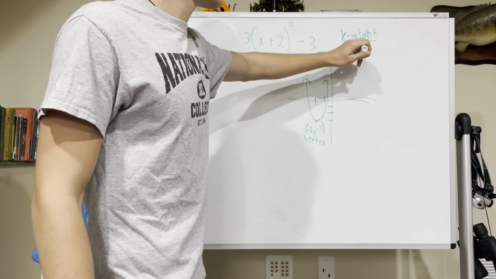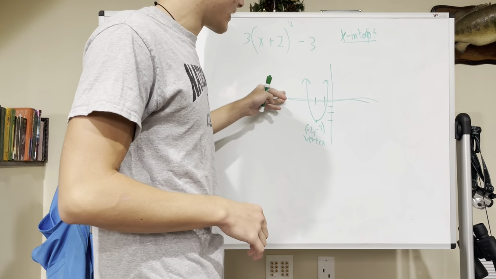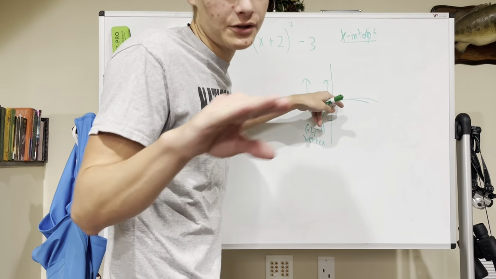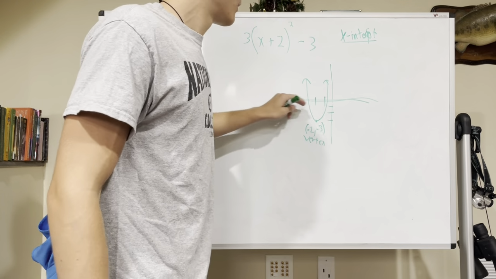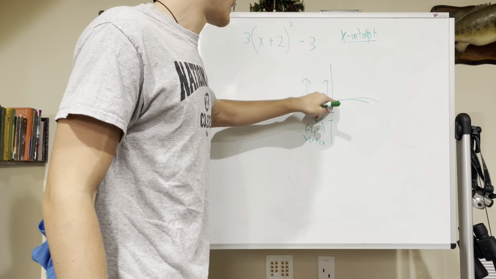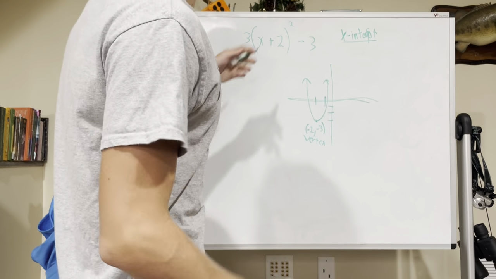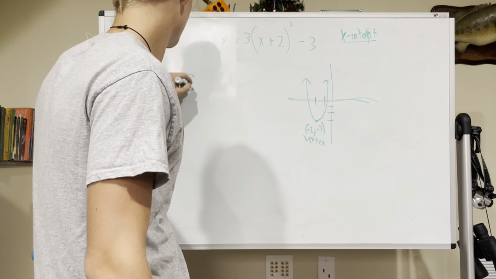Now, the whole way of finding the x-intercept, if you're hitting the x line, what is the value of y? Always. No matter where you hit on the x-axis, you're always having a y of 0. So then, what you do for this equation is that you set y equal to 0.